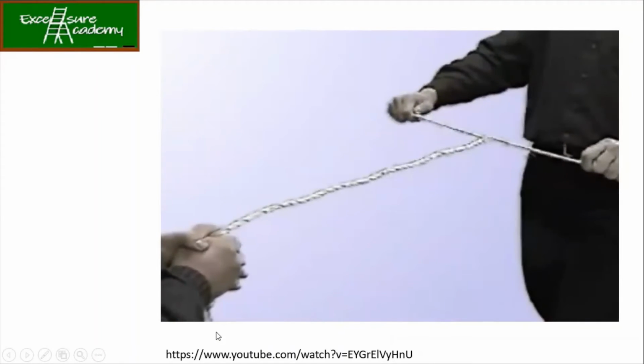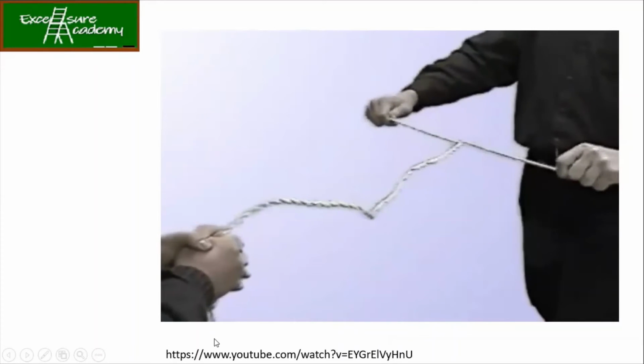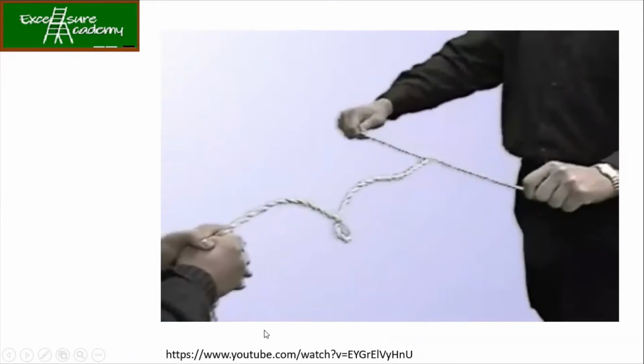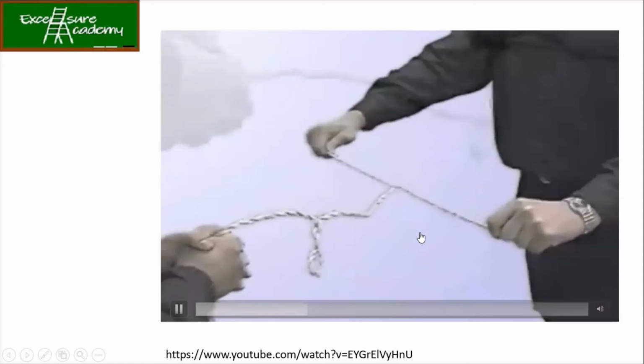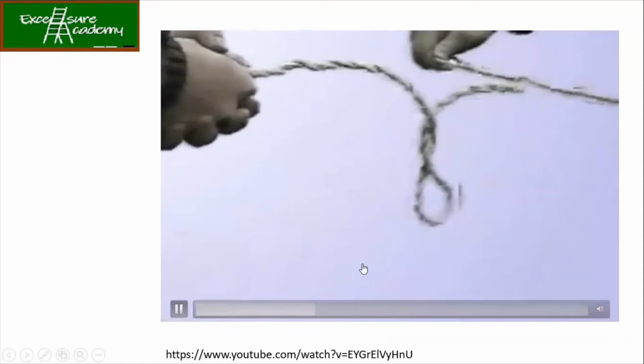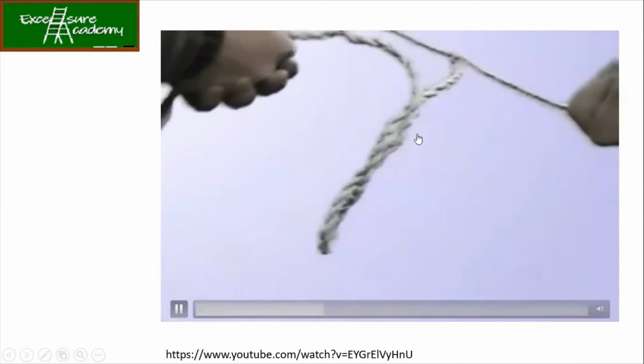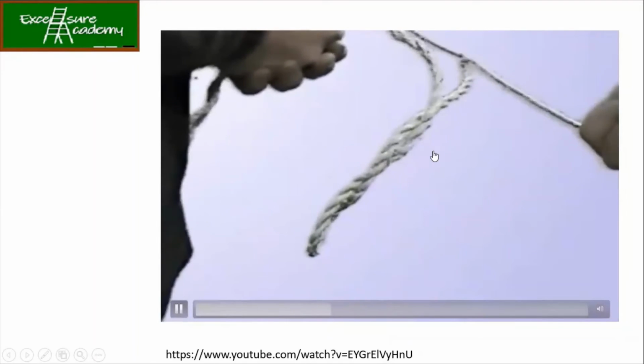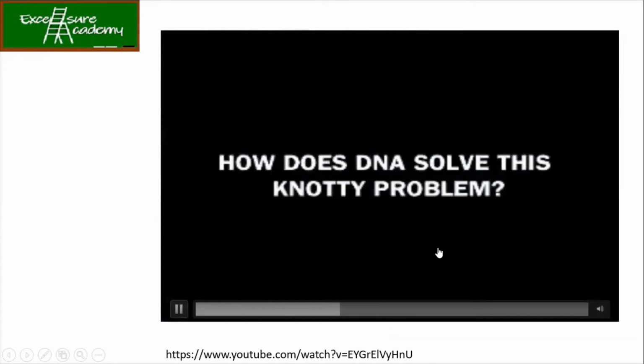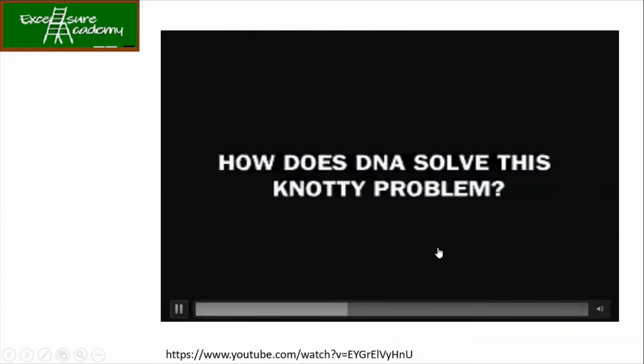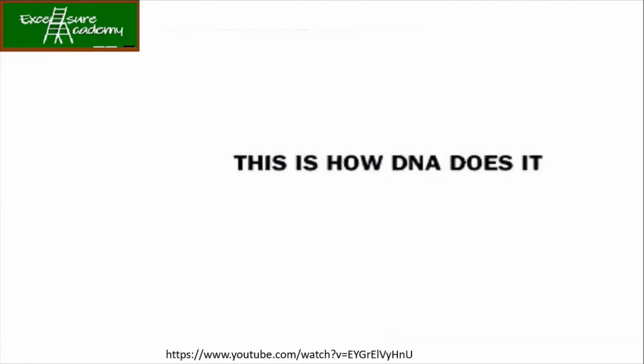At some point, you can't separate the strands anymore. The remaining rope is too tightly twisted. If you relax your tension on the rope, it will twist around itself in a supercoil. It is releasing tension. If you want to keep pulling the rope apart, you have to release the tension periodically, and one way to do this is to cut the rope and splice it back together.